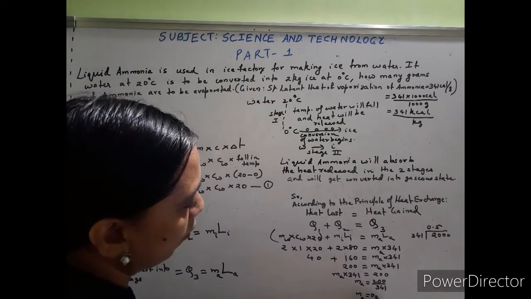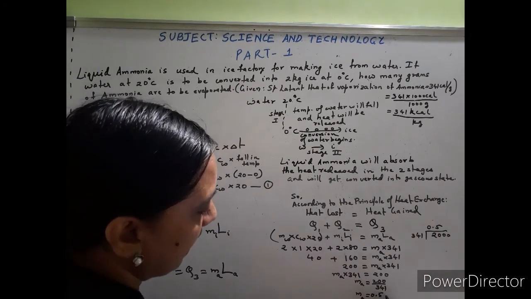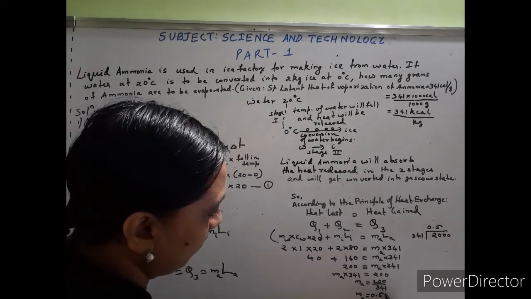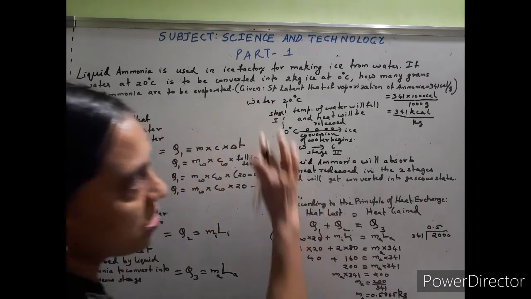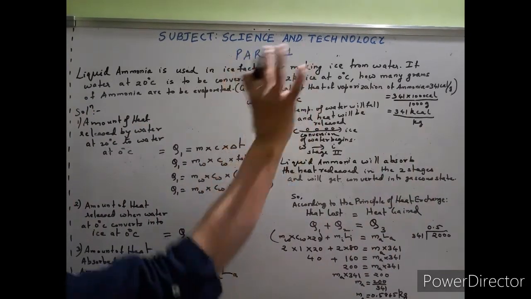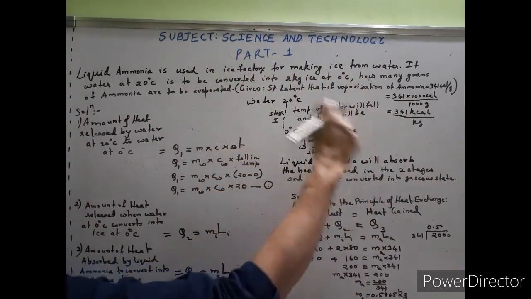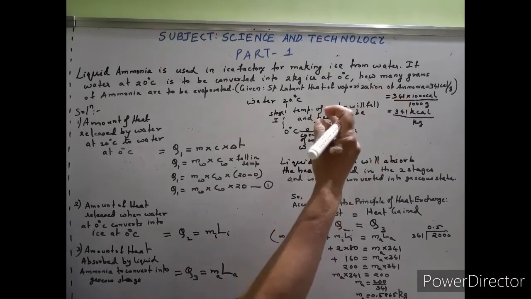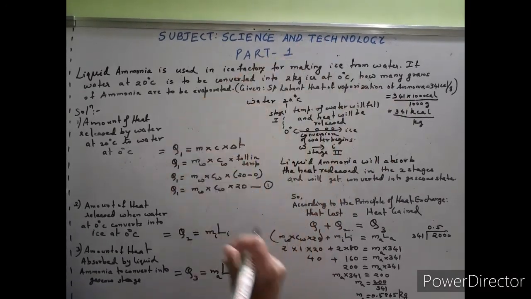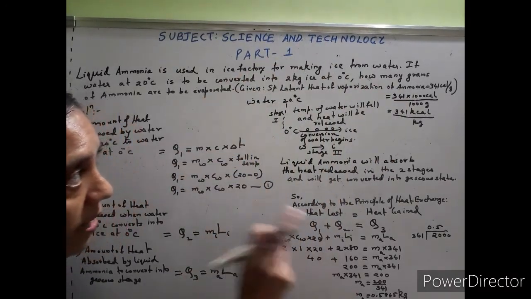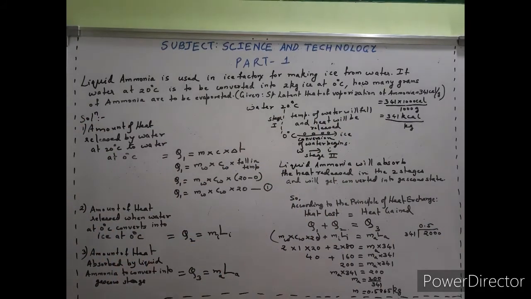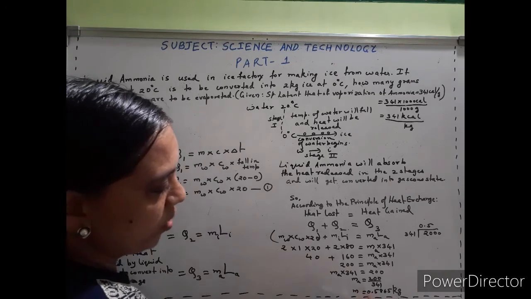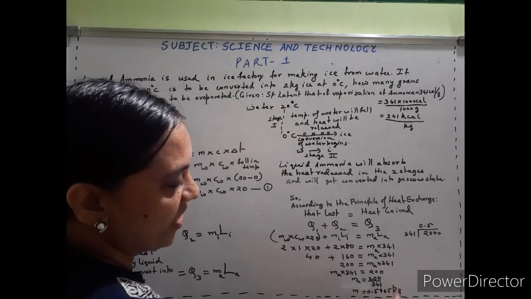You will get 0.5865 kg because initially in the beginning itself we have converted all the quantities into MKS SI system of units. So Ma is equal to 0.5865 kg.